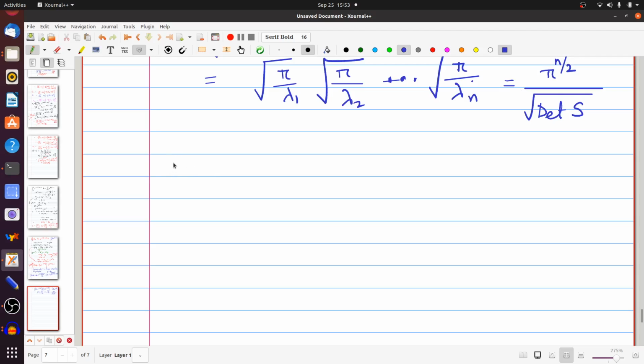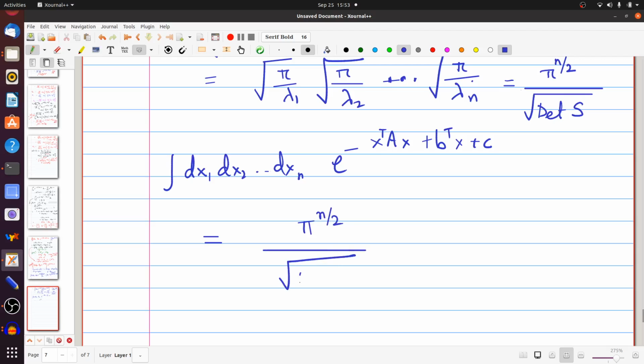So, finally, our formula for the multiple Gaussian integral dx1, dx2, dxn of e to the minus x transpose A x plus b transpose x plus c becomes pi to the n by 2 by root over determinant of, sorry, this is not the determinant of S, this is the determinant of the original matrix A. Then it's the same as the determinant of the matrix D. The determinant of the matrix D is of course the same as the determinant of the matrix A.